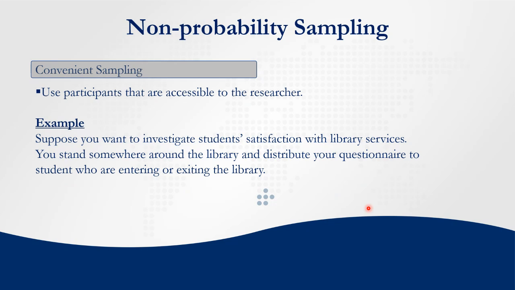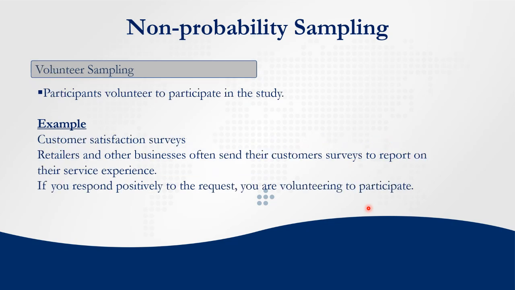If we go back to our student example, with volunteer sampling, you would send to everyone, and whoever volunteers participates. Remember that with probability sampling, you send it to those you select.